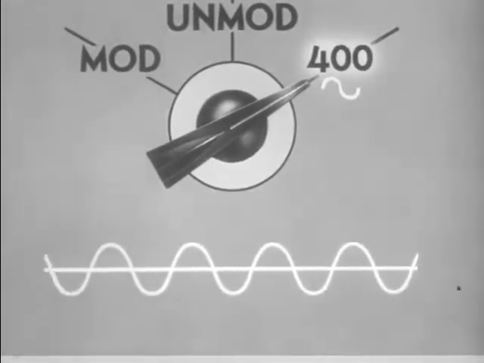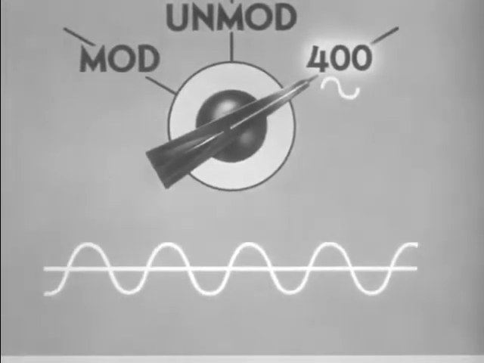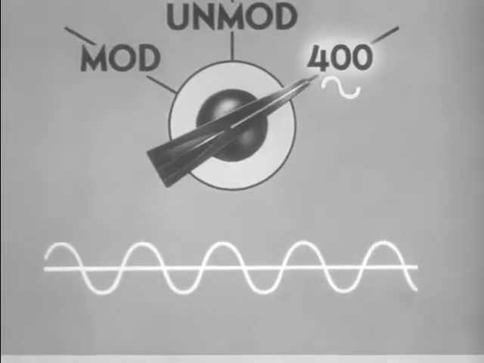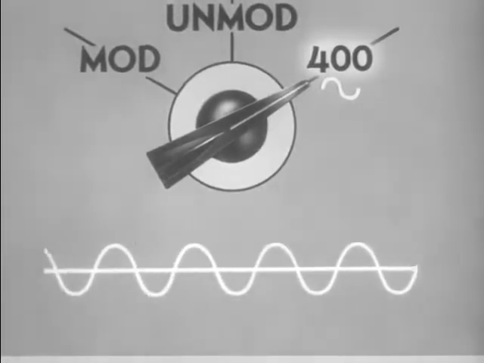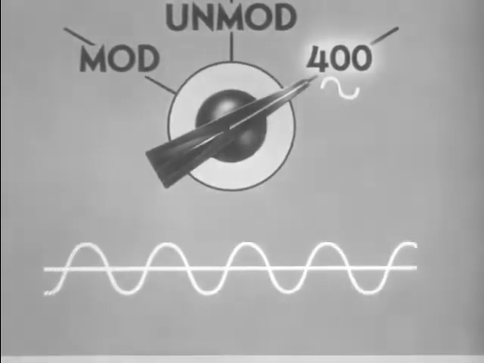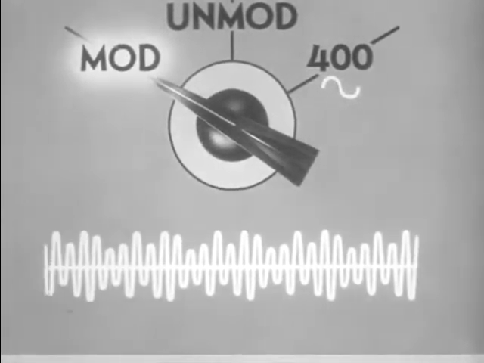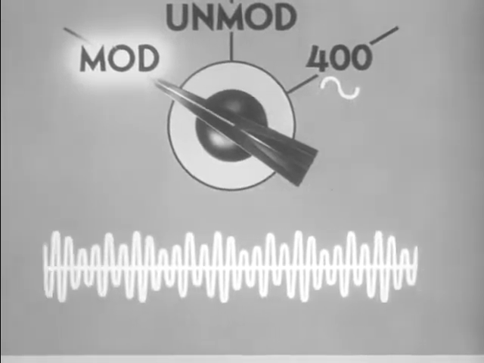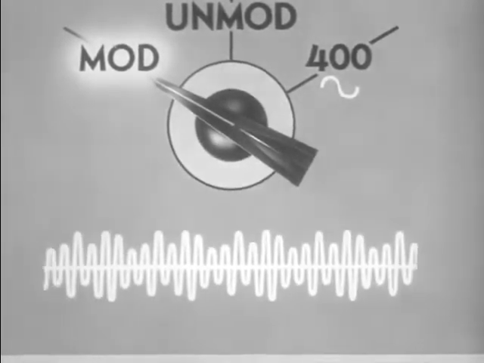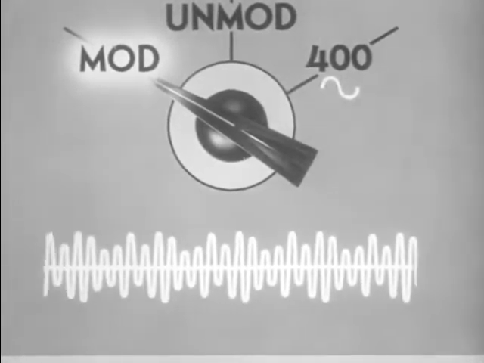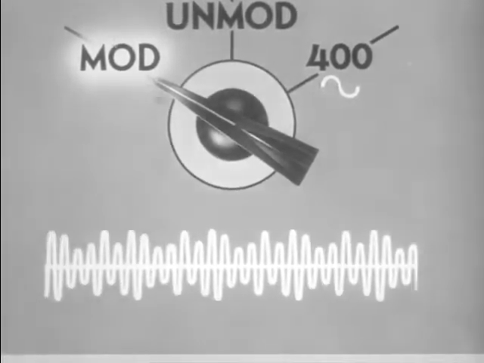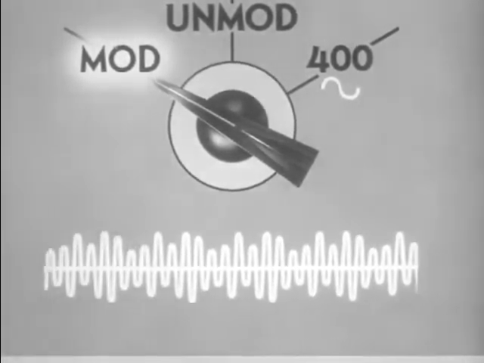Much testing of audio circuits is possible with an audio signal of a single frequency. With the switch turned to modulated, the audio signal is superimposed upon the RF signal so that the RF signal's amplitude or height is varied to correspond to the shape of the audio signal. The oscillator is now said to be amplitude modulated.